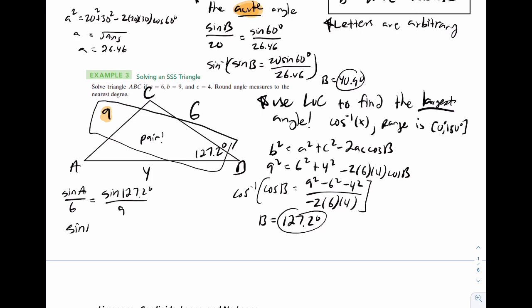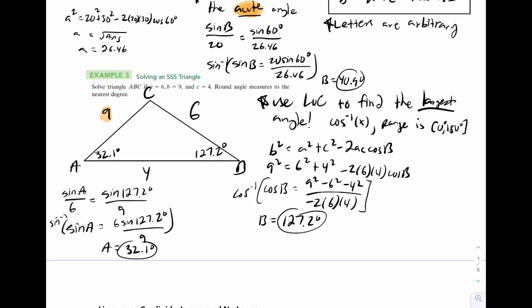So sine of a should equal 6 sine 127.2 over 9. Let's sine inverse everything. And you're going to get a is equal to 32.1. So we'll fill that in, then do some basic arithmetic, and you're going to get 20.7 for the last angle.